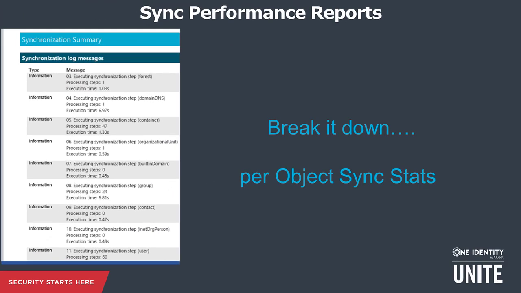Just a reminder in terms of synchronization, of course, performance of Identity Manager, of the different components, it's a big topic. But just to focus in on one thing, if there is one thing we're going to get easily, it's this reporting from a synchronization task on a per object level about how long it's taking to synchronize.